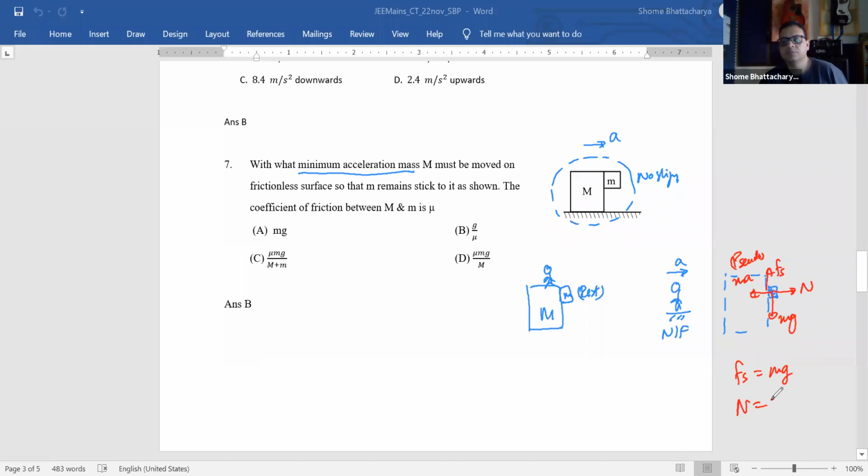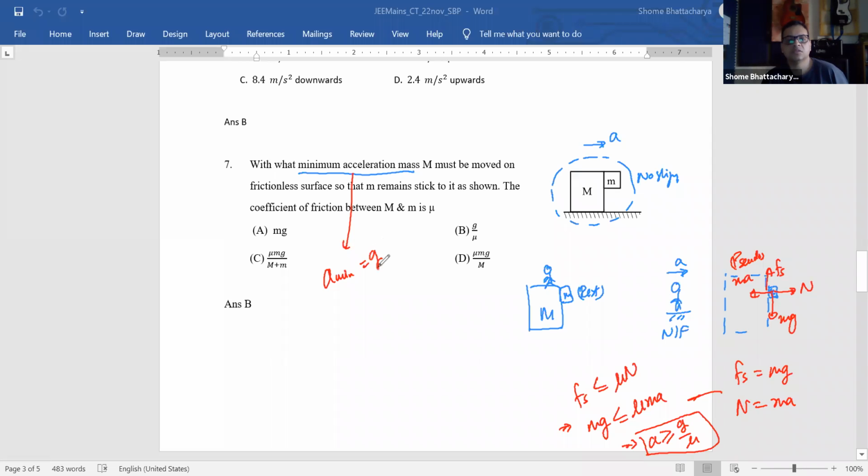Normal reaction is provided by pseudo force, and the limiting condition is that static friction cannot exceed N. So mg should be less than or equal to mu m a. So the acceleration should be greater than or equal to g by mu. Okay. So the minimum acceleration that you need to give, a minimum, is g by mu.